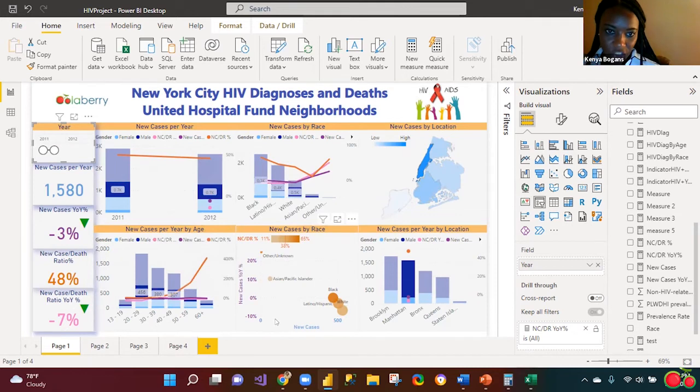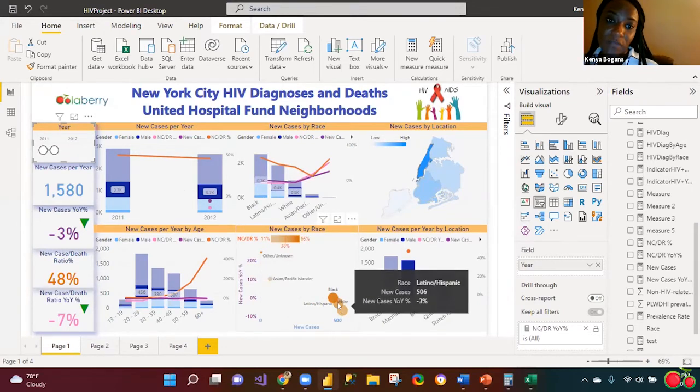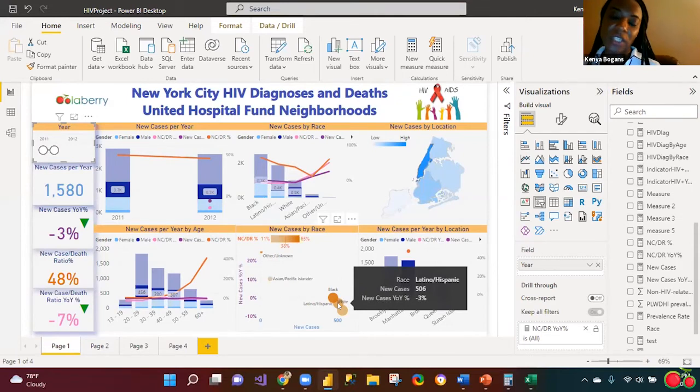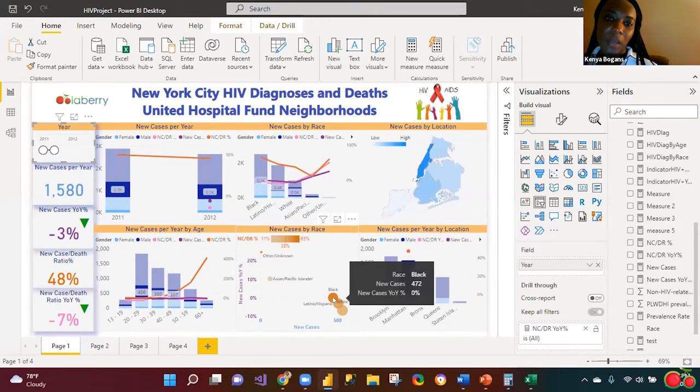If you look at the scatter chart, moving further to the right, the new cases increase. And as we move up the chart, our new cases year-over-year percentage increases. Looking at Manhattan, we see that whites lead the number with 533 diagnosed, followed by the Latino population at 506, followed by Blacks at 472.